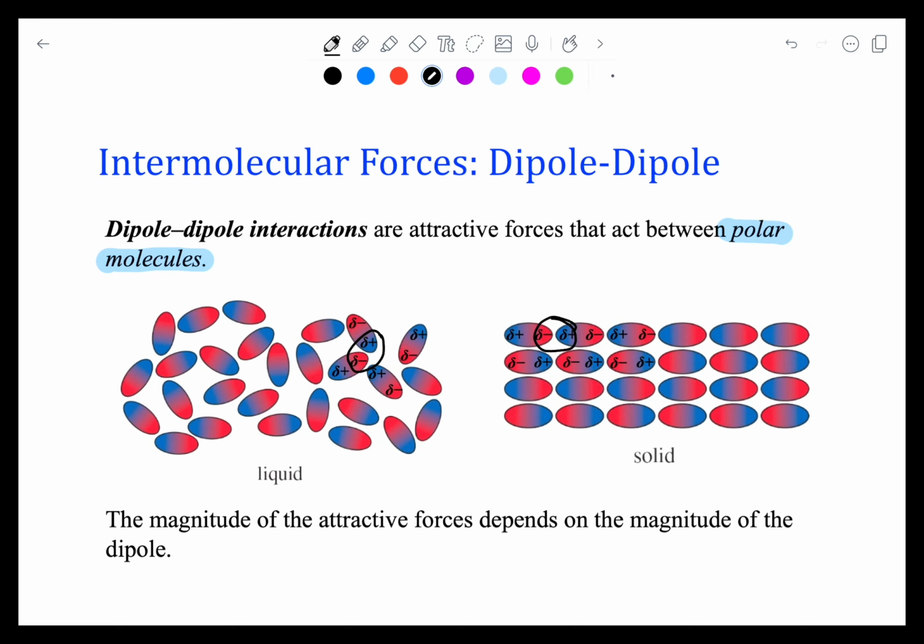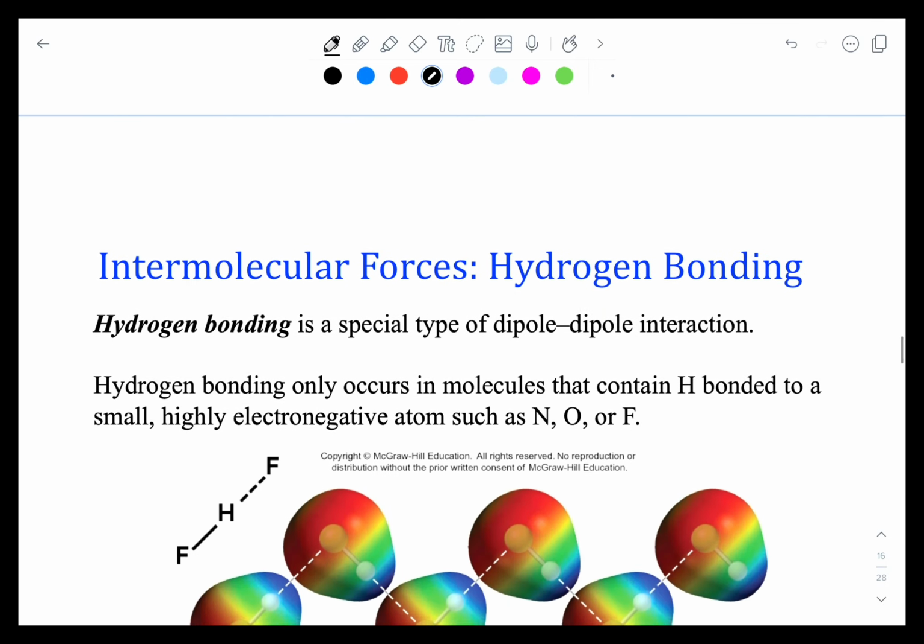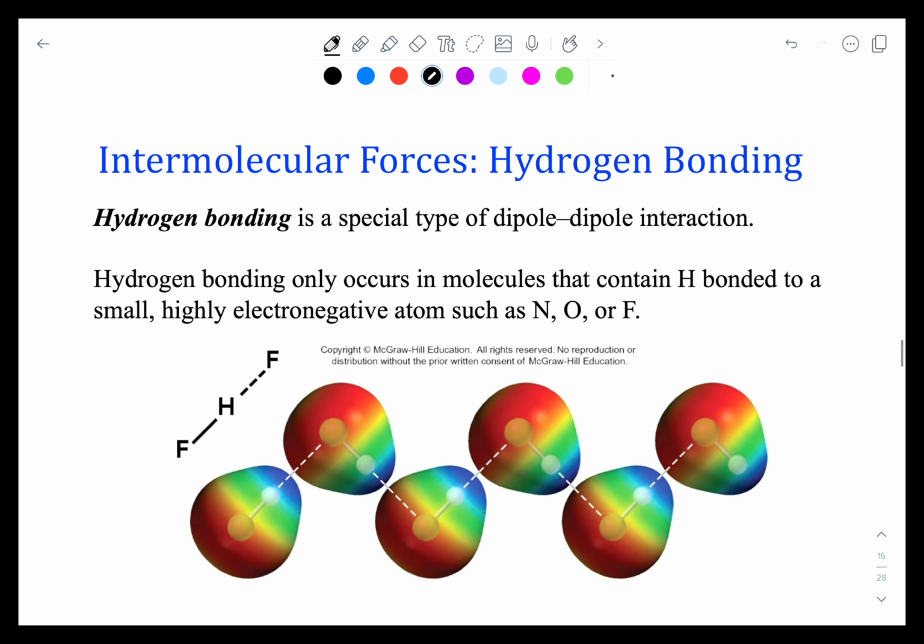The magnitude of this attractive force is going to depend on the magnitude of the dipole. So if there's a very high delta EN, difference in electronegativity, then we're going to have a significantly higher dipole-dipole interaction. Okay? A special type of dipole-dipole interaction is based off of that high magnitude, and it's called hydrogen bonding.